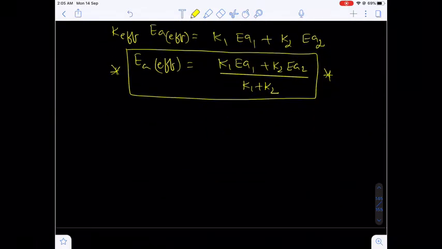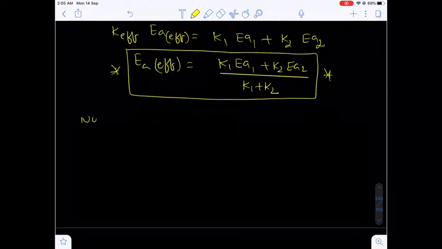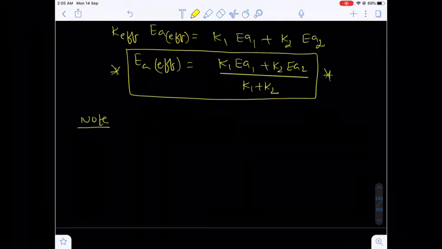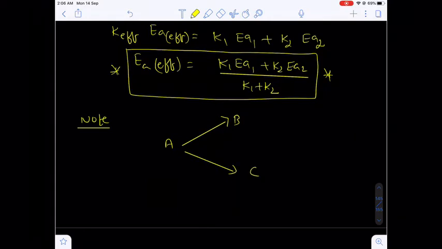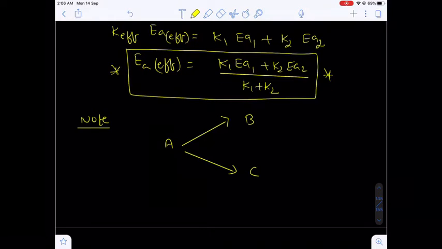Now here is one important key point. Let's suppose in a reaction A gives B and C. In the previous example we used only stoichiometry 1:1:1.